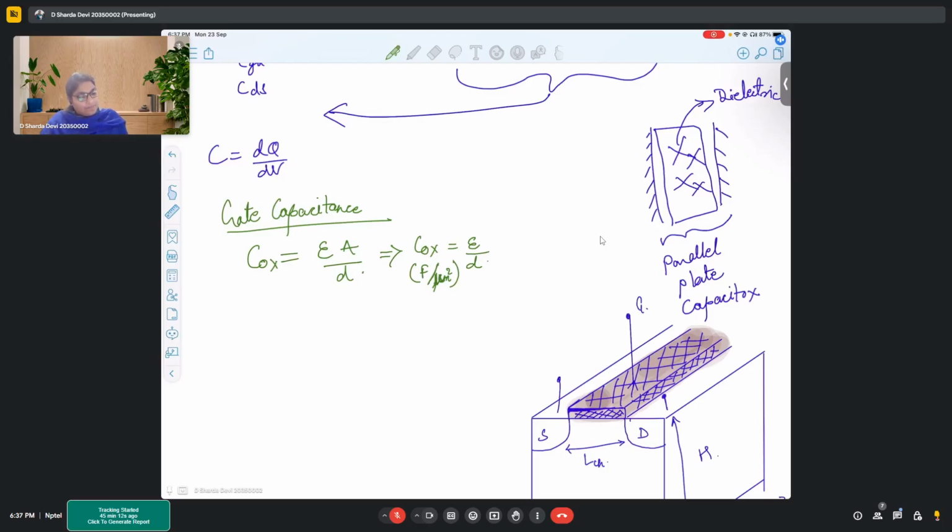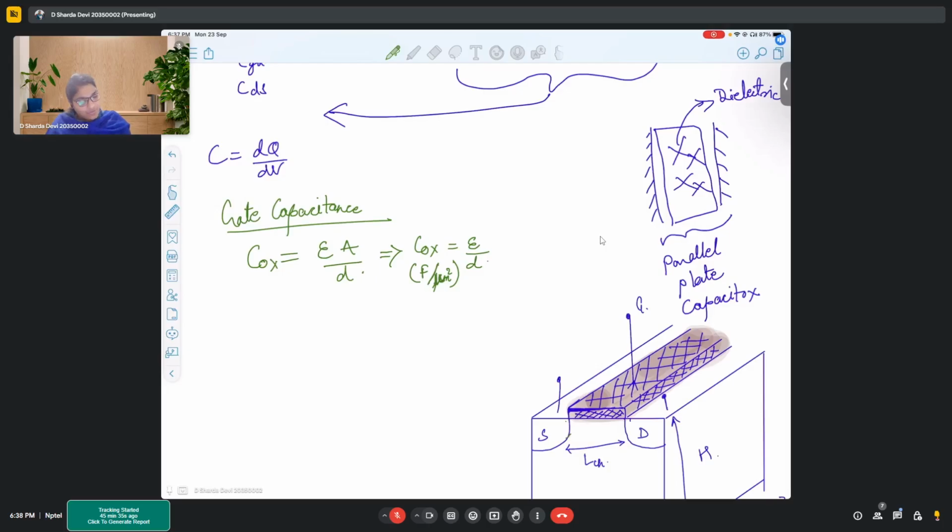And then actually what happens is, there are times when your gate oxide, so we make the source starting at the edge of the gate, right? And the drain also starting at the edge of the gate. But this is not possible physically.